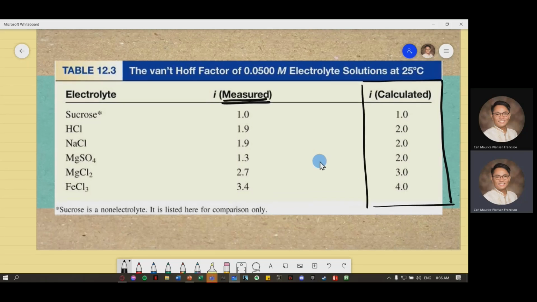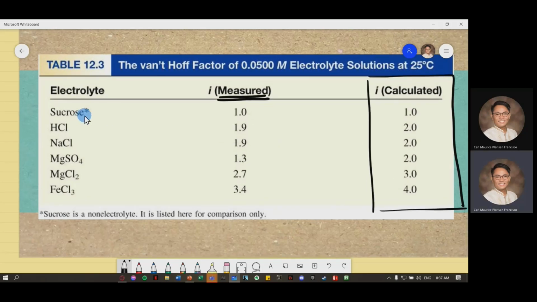For the sake of our discussion, we need to focus on the Van Hoff factor calculated. We are not concerned with the measured. But for the sake of discussion and computation purposes, we are focusing here on the Van Hoff factor calculated.